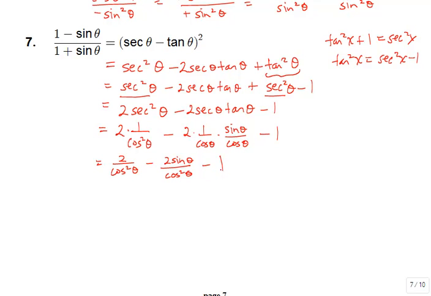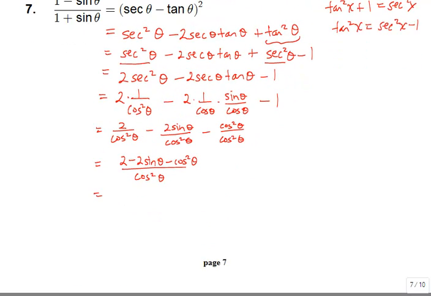So let's change this 1 into something equivalent to 1 that has a denominator of cosine squared theta, so it would have to be cosine squared over cosine squared. So there's my 1, but now I can consolidate all these fractions since they all have the same denominator. So we get a 2, a minus 2 sine theta, and a minus cosine squared theta.